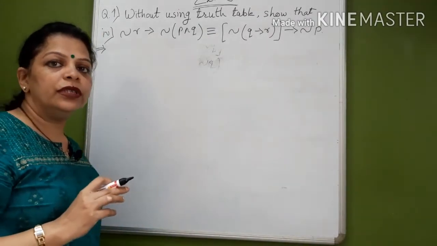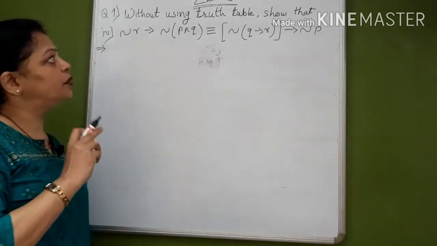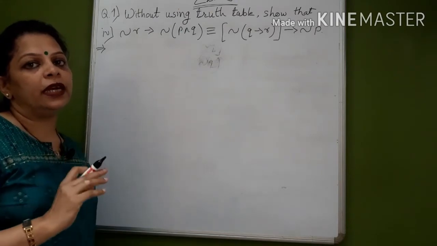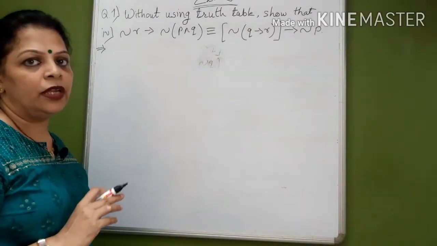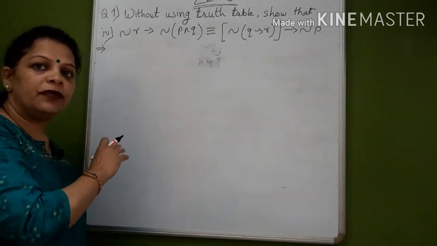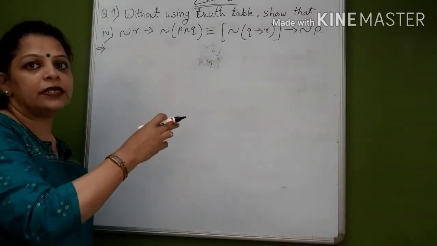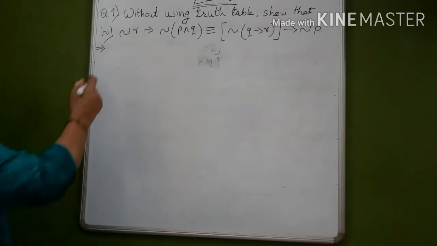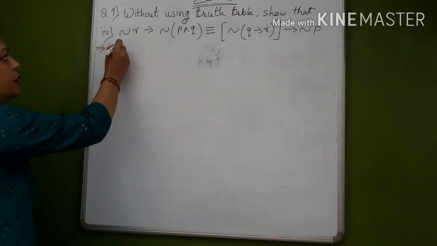So what we will do is, we will separately simplify each side and prove that they are equivalent. We will start with LHS, simplify it, then we will get the simplified version of RHS and then show that LHS is equal to RHS. So let us start with LHS first.